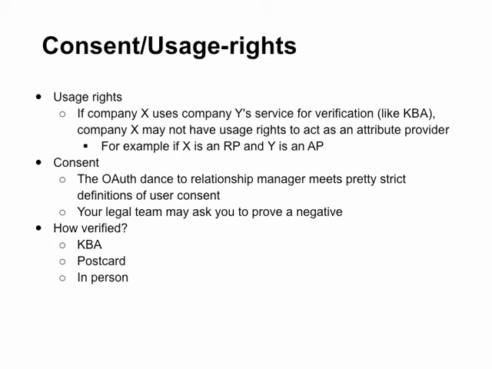There's another scheme sometimes used called knowledge-based authentication, where you interrogate the user online to ask them questions that would probably only be known by the person who lived at that address. I say probably because, of course, there's no guarantee in any of these things. And so attribute providers normally need to tell relying parties how they actually did the verification, and the relying parties might not trust all those schemes or may want to pay different amounts for different types of verification.